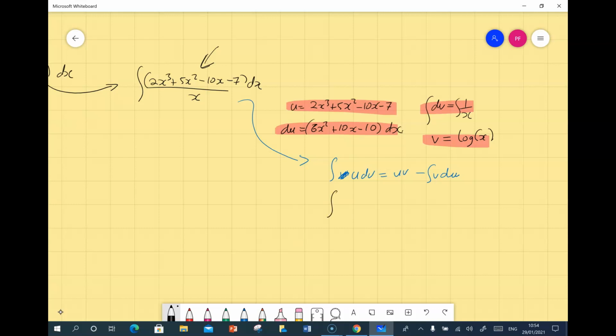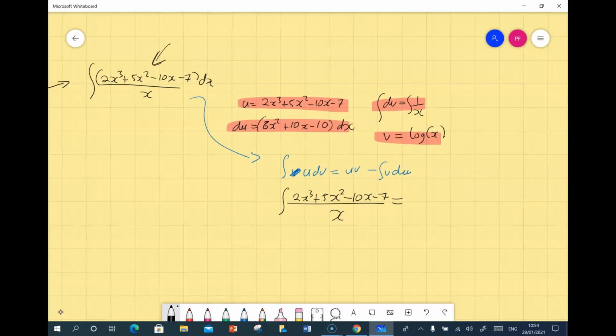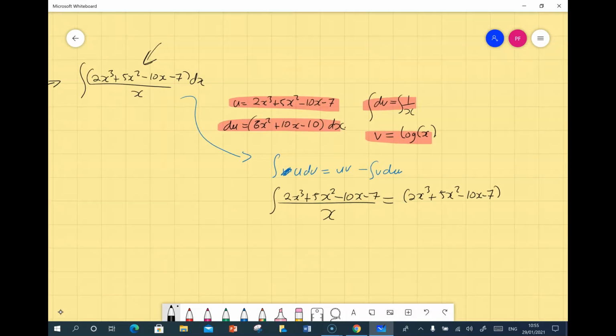So they're looking for the integral of 2x cubed plus 5x squared minus 10x minus 7 all over x, equals uv. So in our case, uv is the following: 2x cubed plus 5x squared minus 10x minus 7, multiplied by the natural log of x.